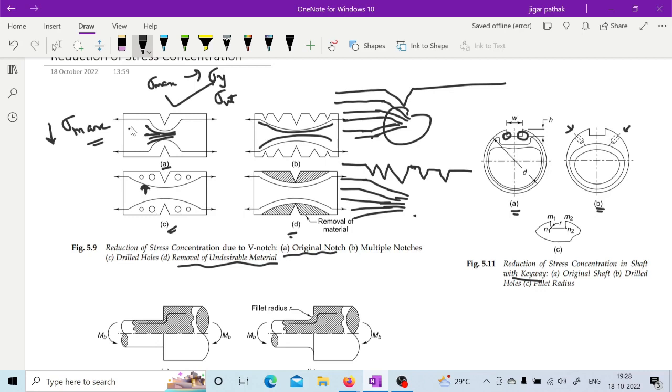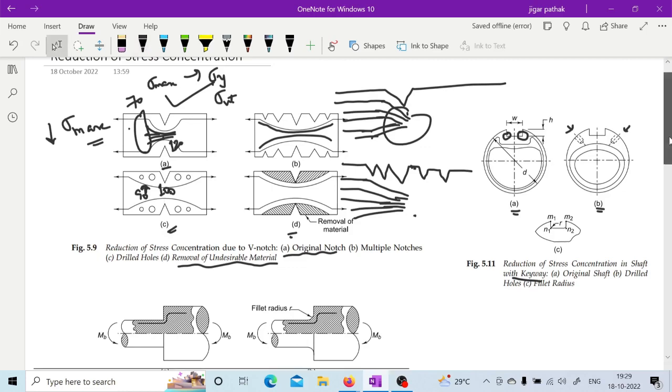Previously the stress in this region may have been 70. While providing this kind of solution, it may go to 90 in this region also. But in this particular case the stress may reach around 120, while in this case it will still remain around 100. Are you getting what I am trying to say? Yes. So this way you can reduce the stress concentration.